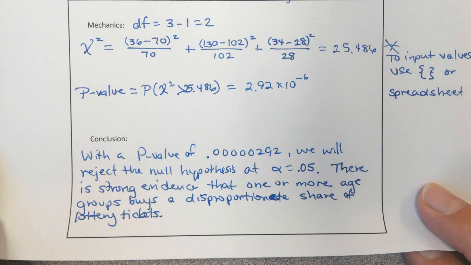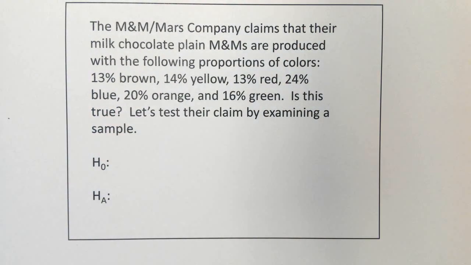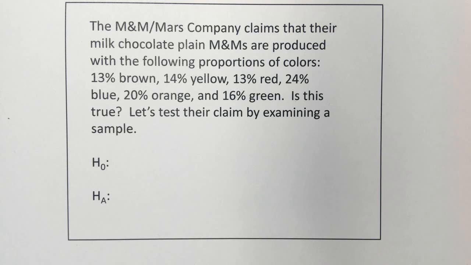So everyone in the class has a little Ziploc baggie of M&M's, a random sample of M&M's. And in your small groups, you can combine your M&M's. That would give you more data, a larger sample size, and be more likely to get your expected counts where they need to be in order to run an inference procedure.